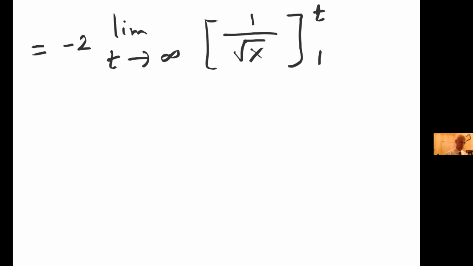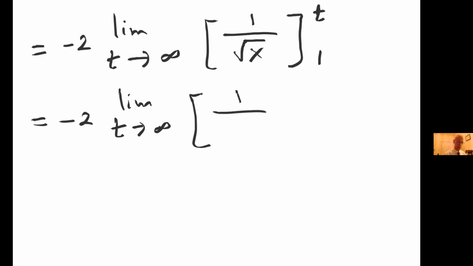And so this equals negative 2 limit as t is approaching infinity. Then I have 1 over square root of t minus 1 over square root of 1, that is 1.